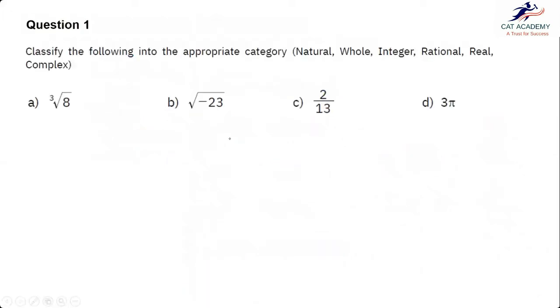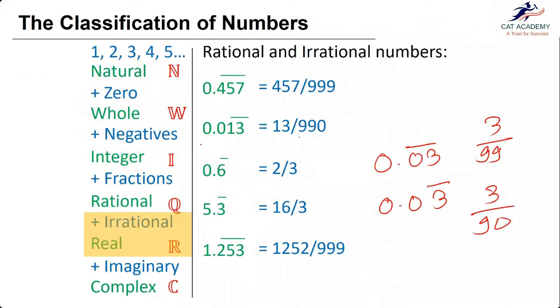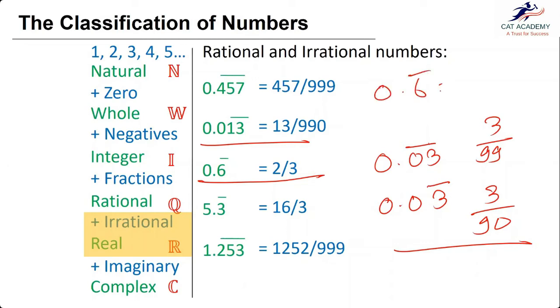So Pushkar, isn't it very much similar to this? Same thing. Third one. Aditya, same thing we are doing again. 0.6 bar can be written as 6 by 9 directly, shortcut. And 6 by 9 is 2 by 3.